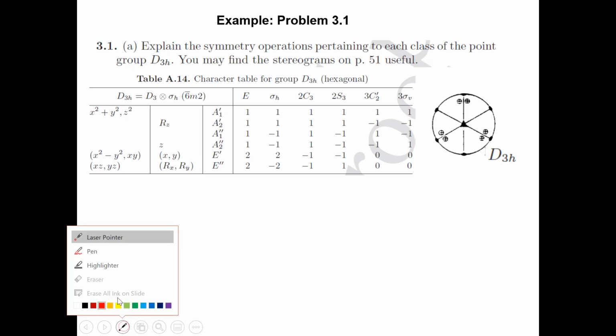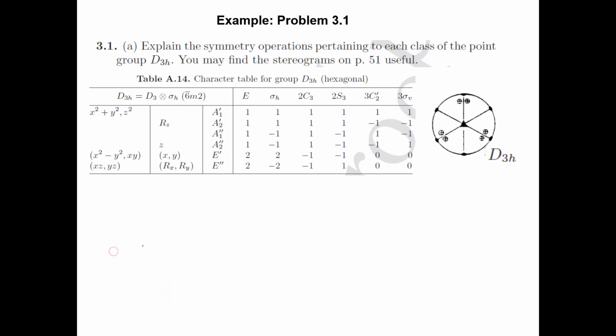Actually it's a set of 4 different problems, A, B, C, D. Let's do problem A first, which is: explain the symmetry operations pertaining to each class of the point group D3h. You may find the stereograms useful. So I reproduce here the stereogram of group D3h, and this is also the character table.